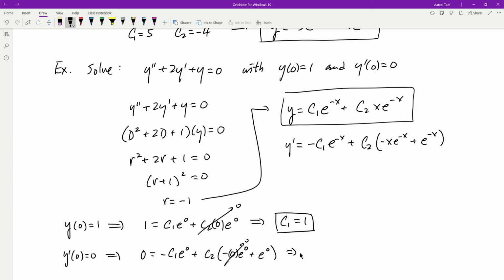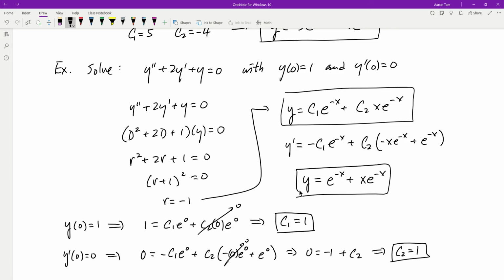So it just becomes 0 equals negative 1 plus 1 times c2, which is c2. Therefore c2 equals 1 also. That's pretty easy, and it's nice because we're using 0 as the initial value. So our solution y equals c1, which is 1, e to the negative x, plus c2, which is 1, x e to the negative x. That becomes my answer. Pretty simple.